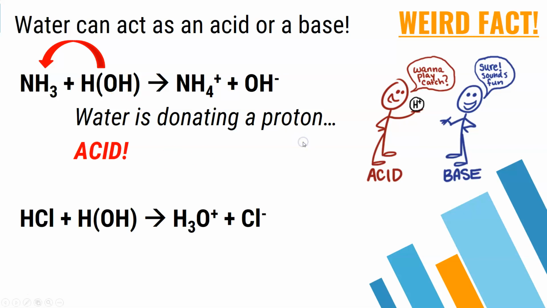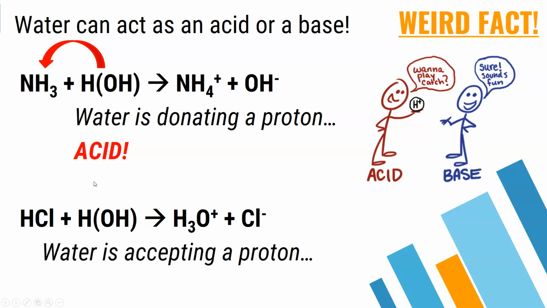Compare that to this example. Well, this is hydrochloric acid. Water goes, okay, well, you want to be an acid, so I'm happy to be a base. You want to get rid of your proton? I'll take it. Water is accepting that proton. You should notice here, I'm writing this as H3O plus instead of writing it as H plus.